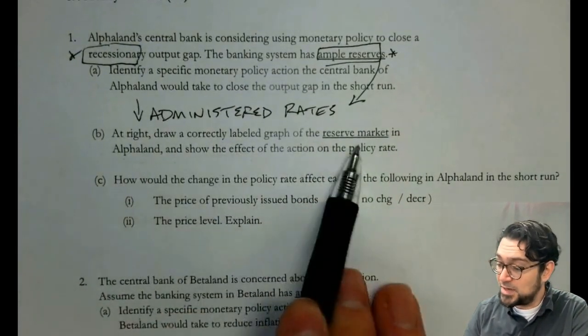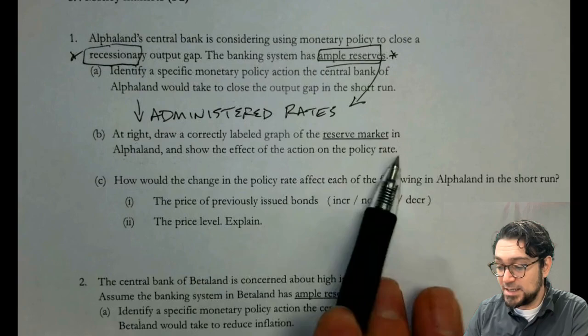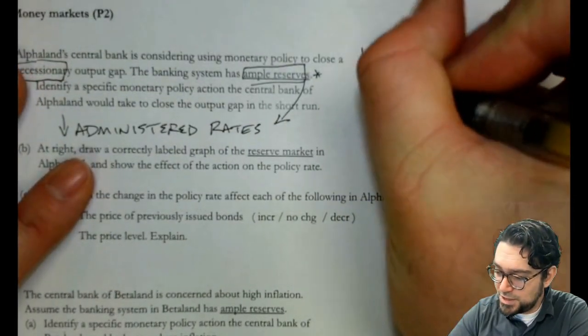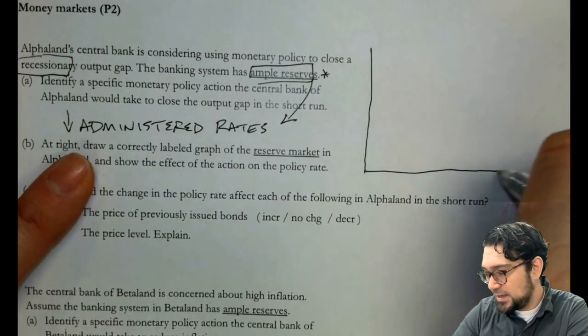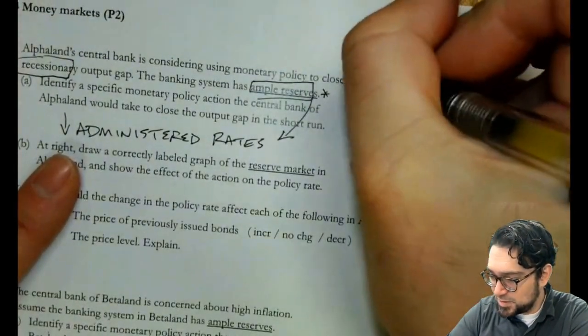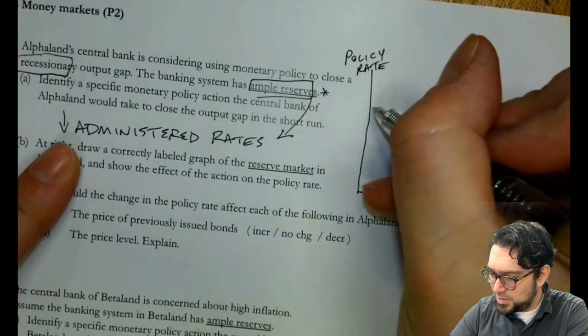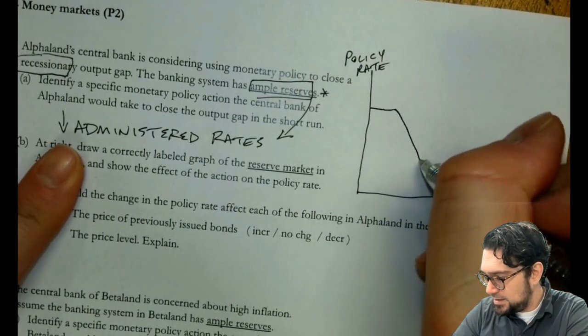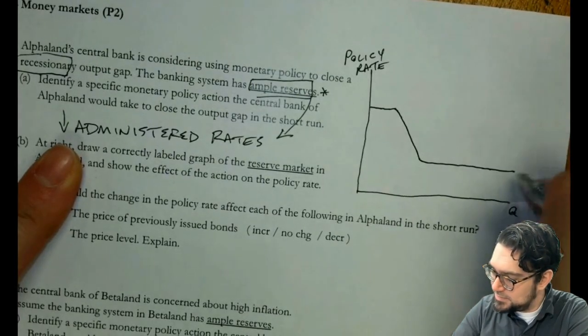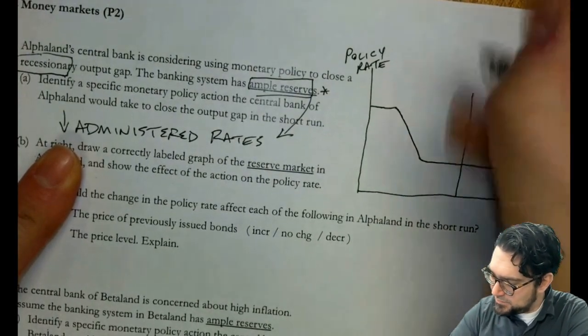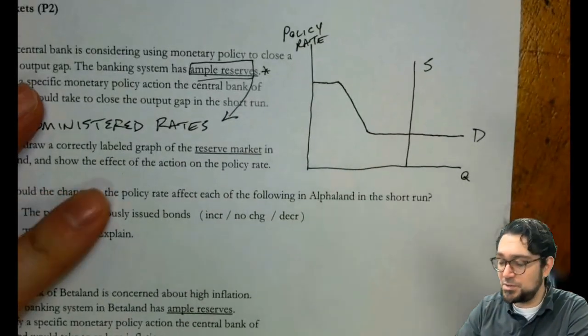Next, draw a labeled graph of the reserve market and show the effect of the action on the policy rate. So we're going to draw that kind of wonky shaped reserve market over here, and we're going to bend that curve. We've got a policy rate up here, and we have the first part, a bend, and then it comes down and flattens out. That's our demand curve. And we have our supply curve that's always going to be vertical for money and reserves.